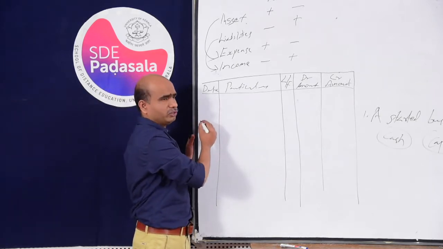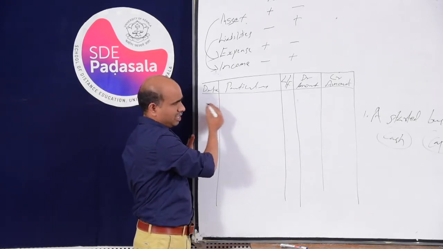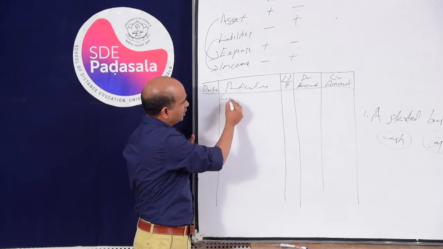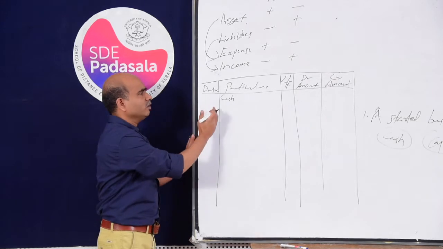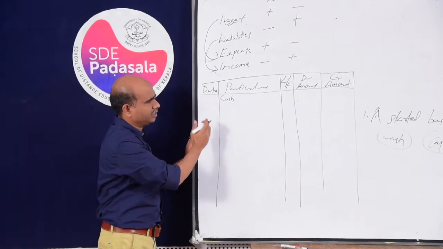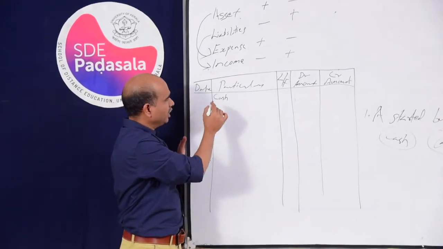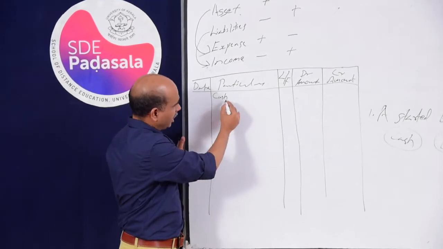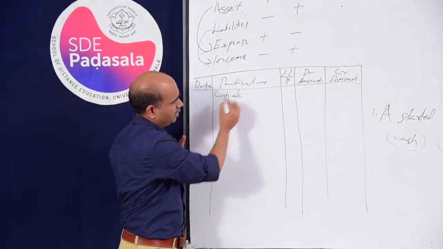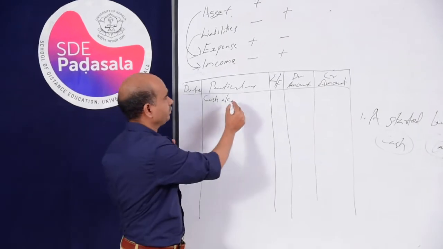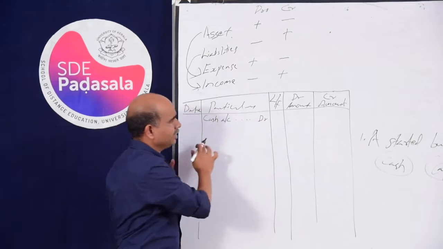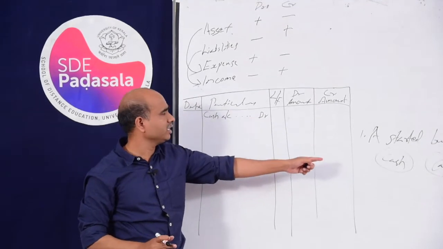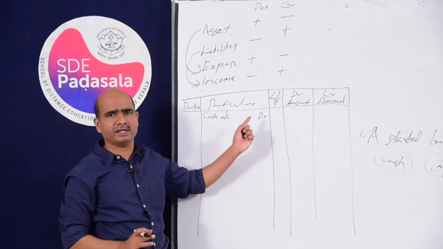The debit item should be written first, on the left hand side of the particulars column: cash. Debit item should be written as cash, A/c meaning account, then Dr. Cash is an asset which increased and cash is debited.